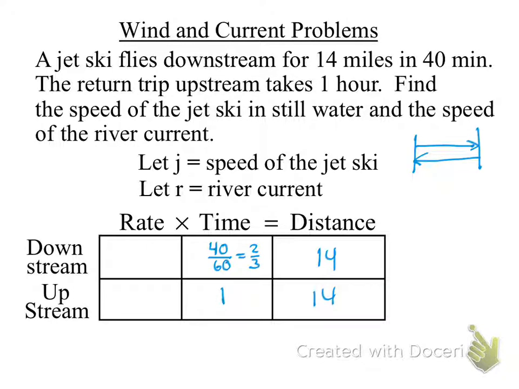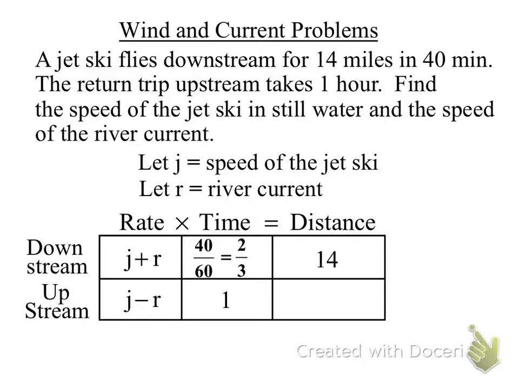Now, what is our rate? Going downstream, what do you think we're going to call that? Gavin? J plus R, because it's pushing us down. Down means you're going with the current. And upstream is going to be J minus R. So my equation is going to be the quantity J plus R times 2/3 equals 14.